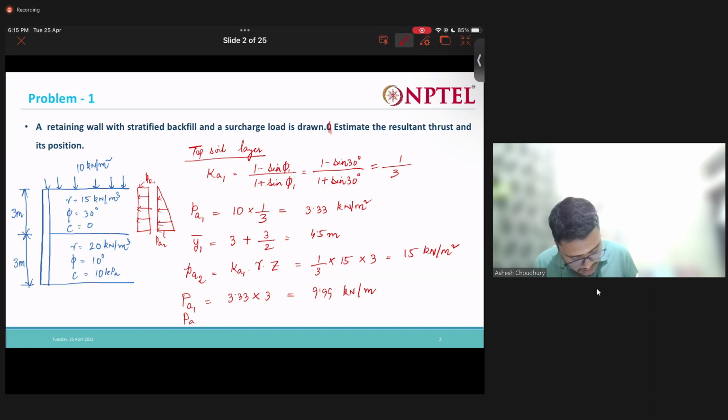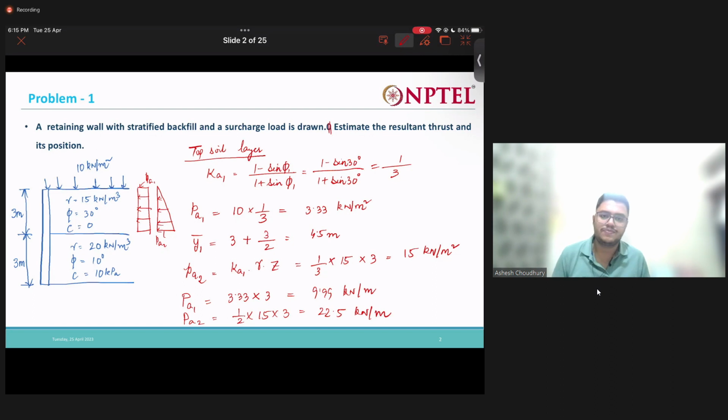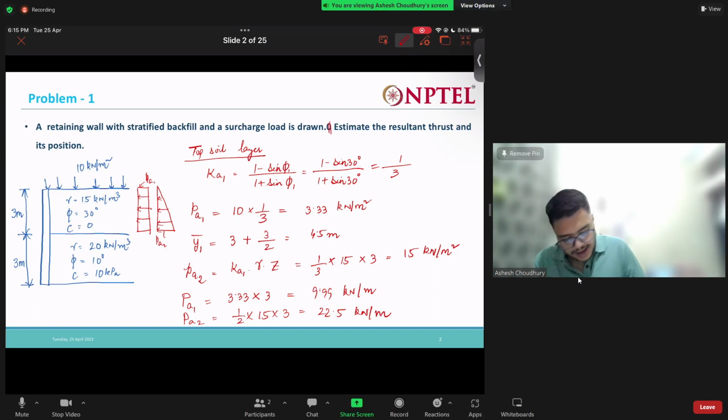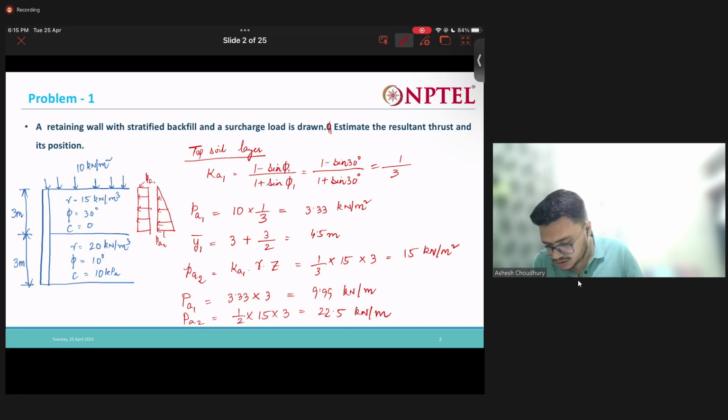And PA2 will be nothing but half into the area of this triangle, so half into 15 into 3, which is 22.5 kilonewton per meter. We got that. Now let us go to the bottom soil layer.